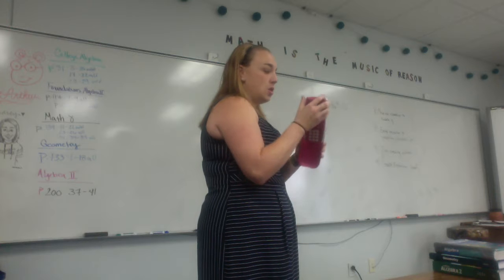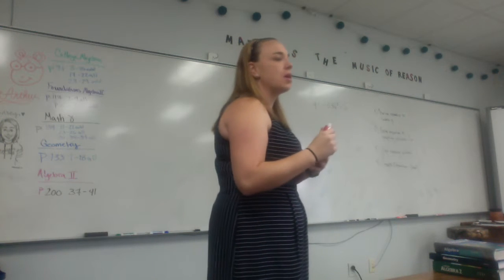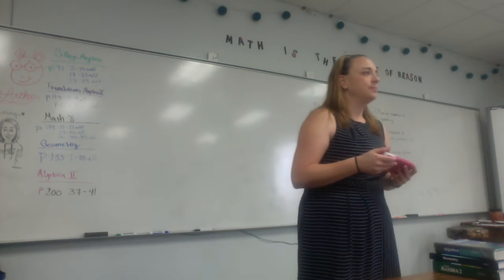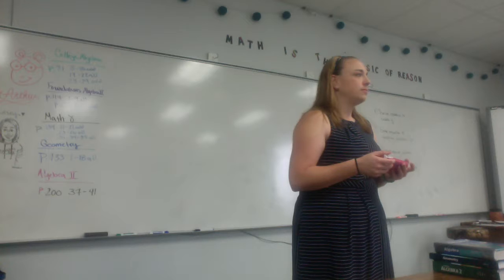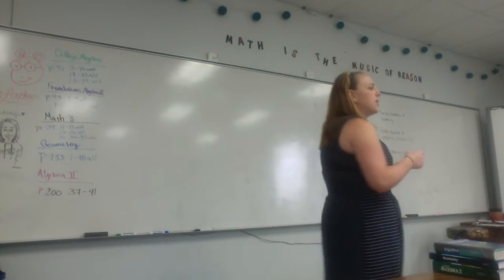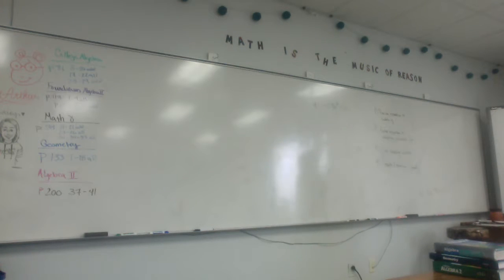Y minimum should be negative 10. It should be the standard viewing window. Was it set to standard yet or not? If you press window, it should come up and it should say X min, X max.